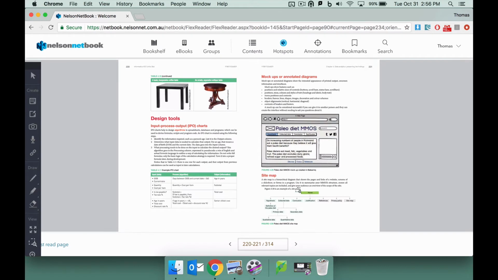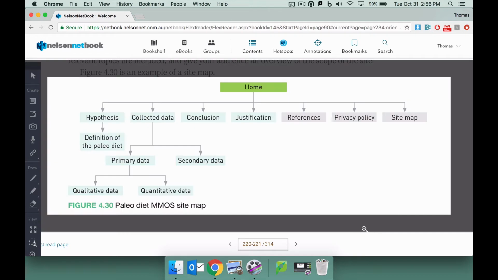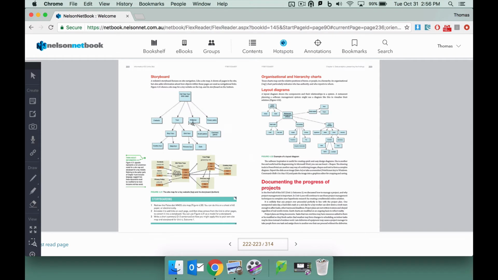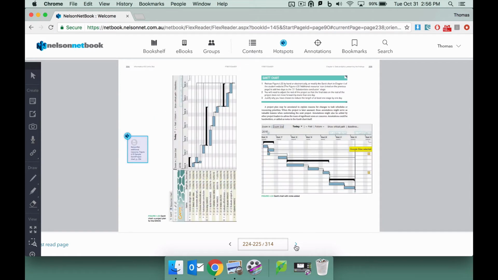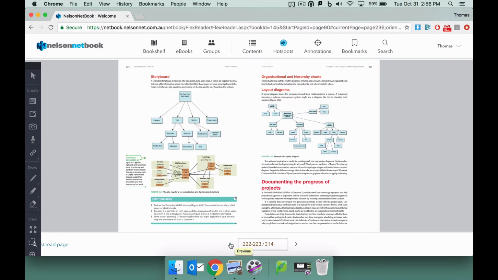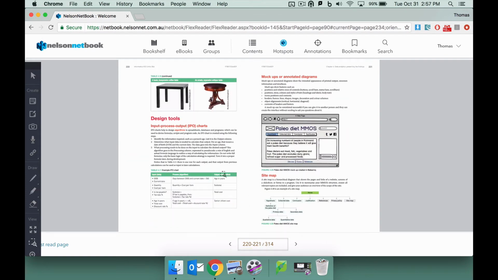A sitemap here, which is nearly exactly the same as the one in the 2016 exam. Storyboards, layout diagrams, and Gantt charts. I think that's more about project management. So there you go, starting from page 220.